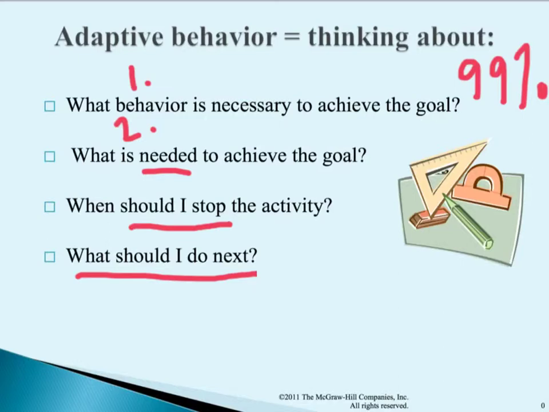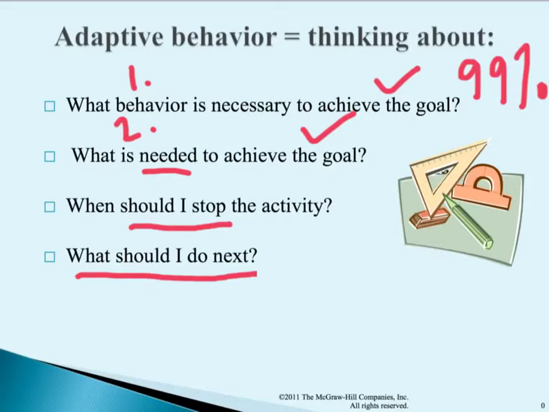So we have to first recognize what's the problem. Secondly, what tools do I need? What's the best tool I need to achieve the goal? How long should I work at it? How hard should I work at achieving that goal? Is there a point where I'd be putting too much energy into that goal and ignoring the other important ones?